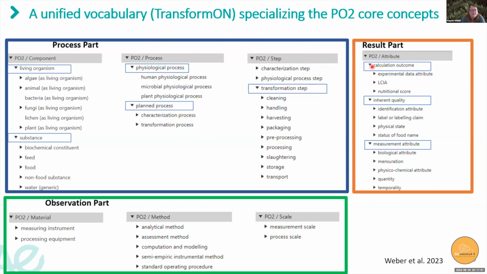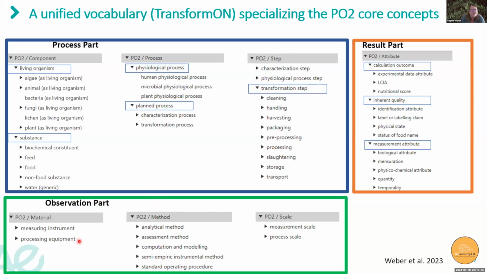And as you can see, it is organized in three main parts. You will recognize the blue part I showed you before in the schema. And this is the process part. The result part, which assembles all the descriptors or attributes we can apply on the data. And finally, the green part is the observation part.